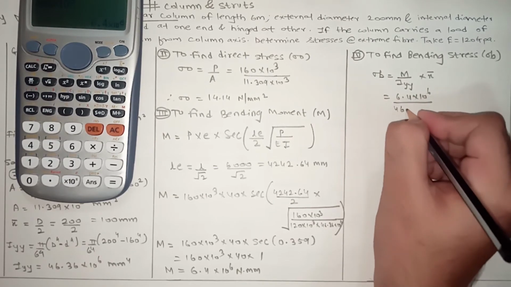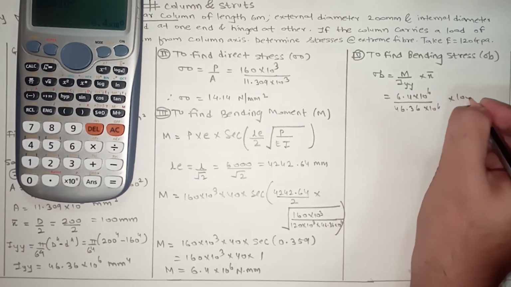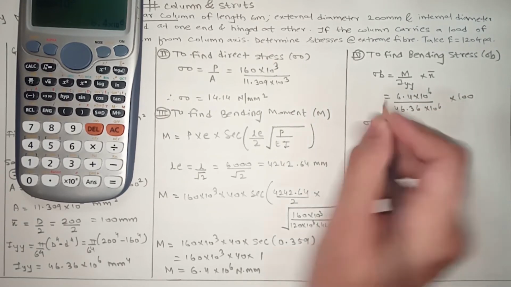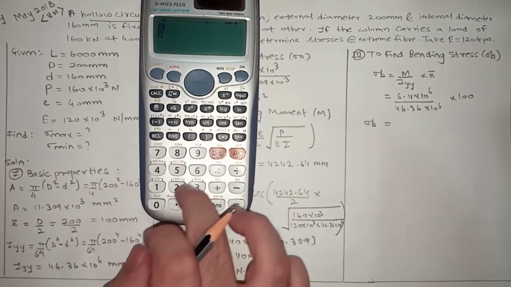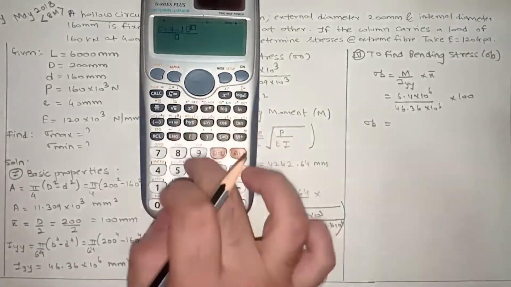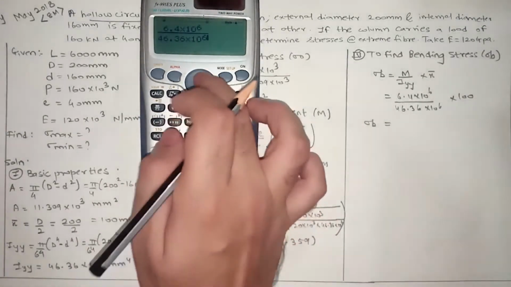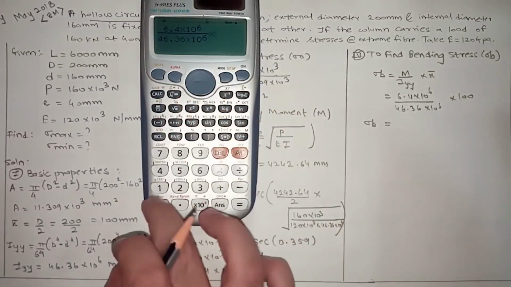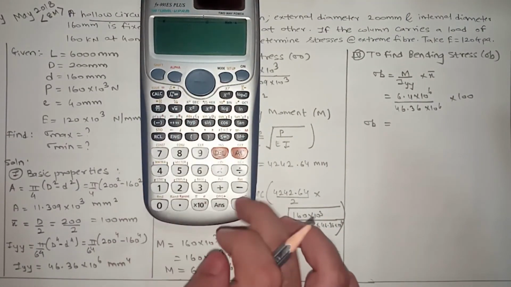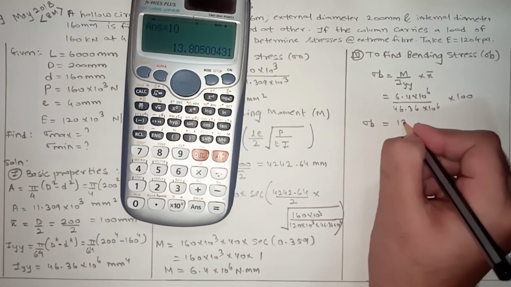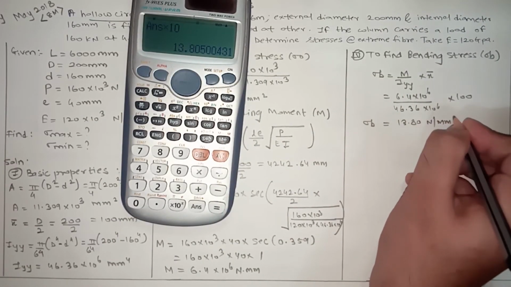Inertia is 46.36 into 10 raised to 6 and x bar is 100. So 6.4 into 10 raised to 6 divided by 46.36 into 10 raised to 6 into 100. So the answer for sigma b is 13.80 Newton per mm square.